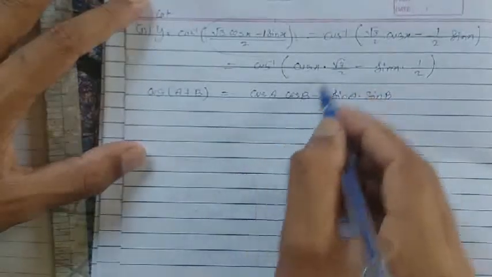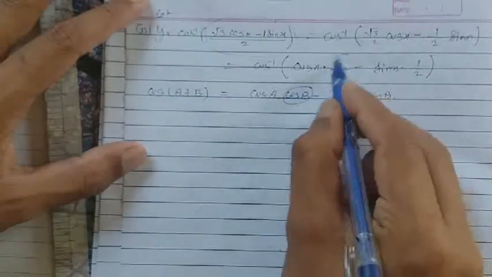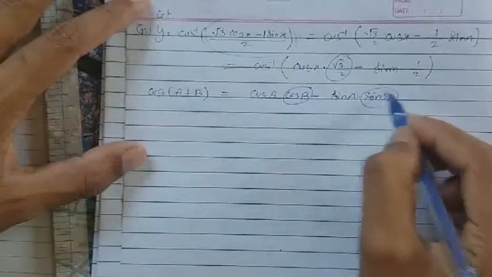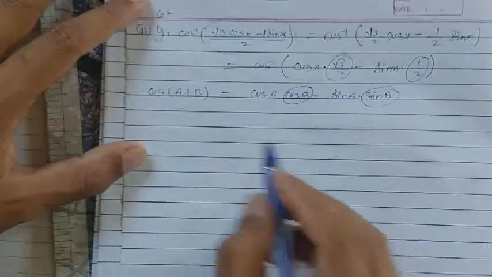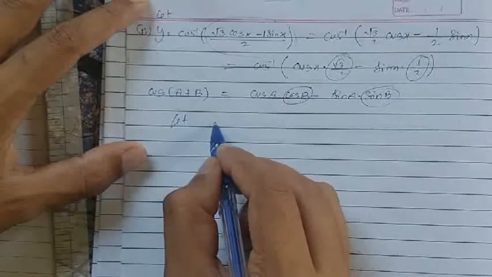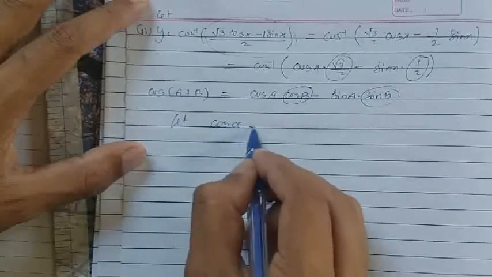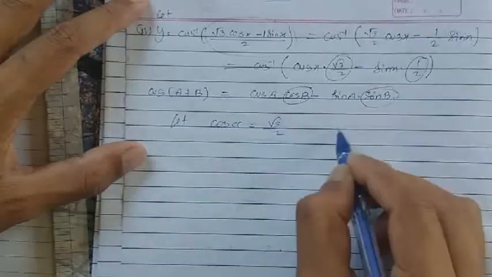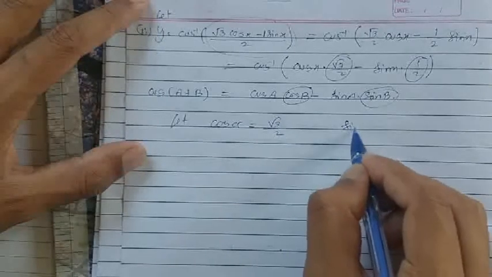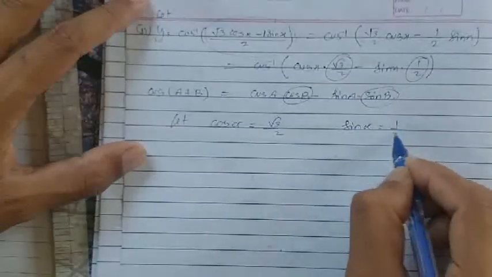So on comparing with it, here cos b value is nothing but root 3 by 2 and sin b value is nothing but half. So let us try to assume that cos of alpha equals root 3 by 2 and sin of alpha equals 1 by 2.